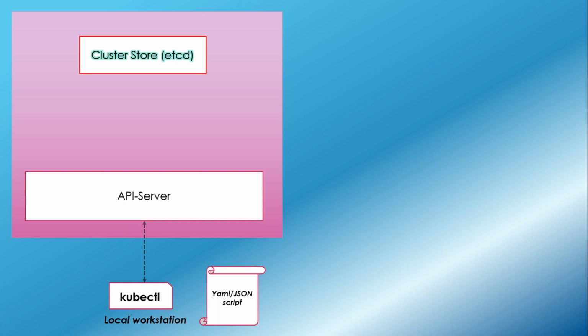That means etcd has all the state of pods, deployments or services, whatever state is maintained within the cluster, all will be stored in etcd only. The API server will have a communication path to the cluster store. Communication happened.